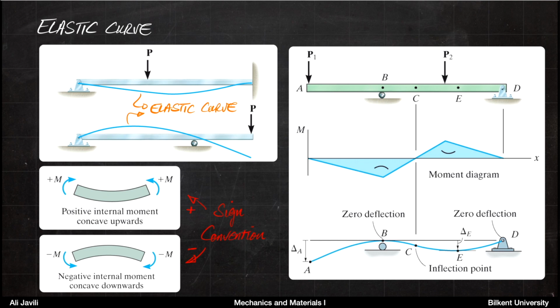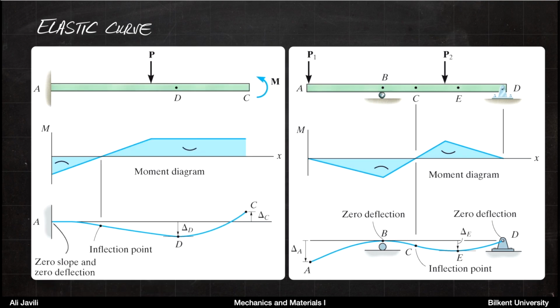So if you remember, we assume that positive internal moment concaves upwards and negative internal moments concave downwards. So we kind of expected to see this, but now it's more clear. However, we are going to actually prove this and see this together in terms of the deflection function itself.